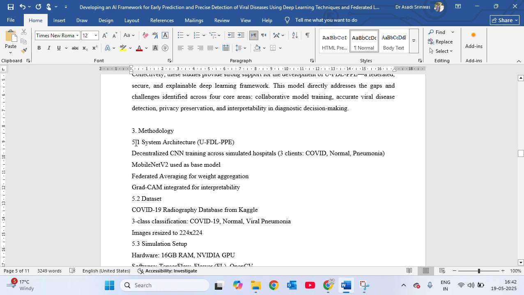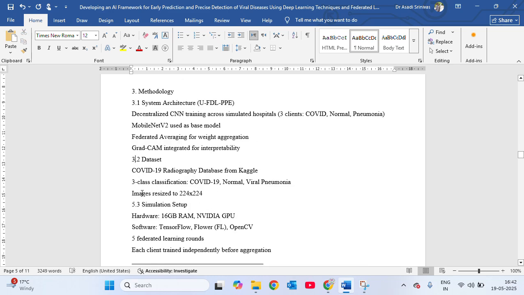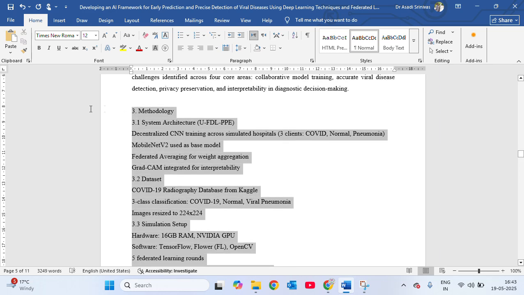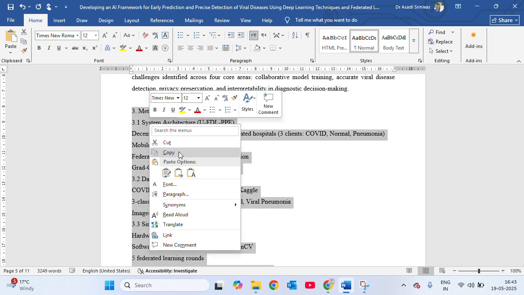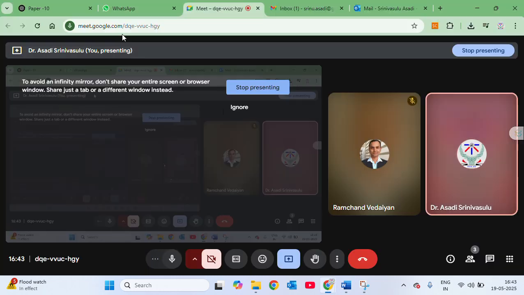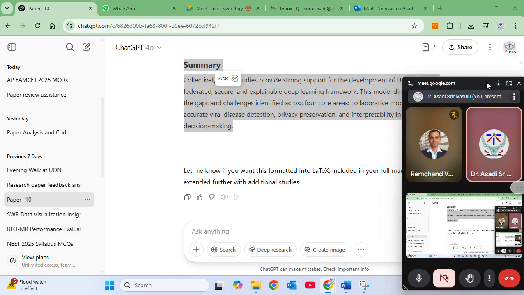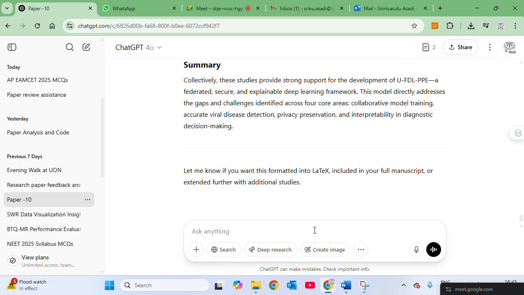In this methodology, we need to prepare the methodology part. One second. First we need to align it. Yeah. So three side headings are there. Now use ChatGPT here. One second, I'm keeping. Yeah.